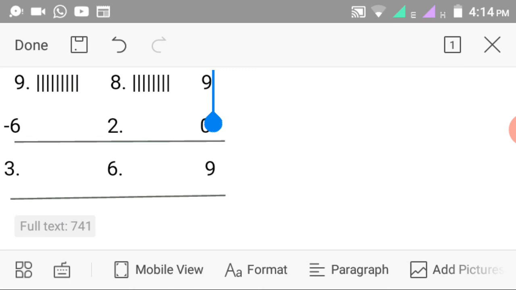Now, I will go to the next one, which is 9. 1, 2, 3, 4, 5, 6, 7, 8, 9. Let's count again. 1, 2, 3, 4, 5, 6, 7, 8, 9. And I'm going to take away 6. That is 9.